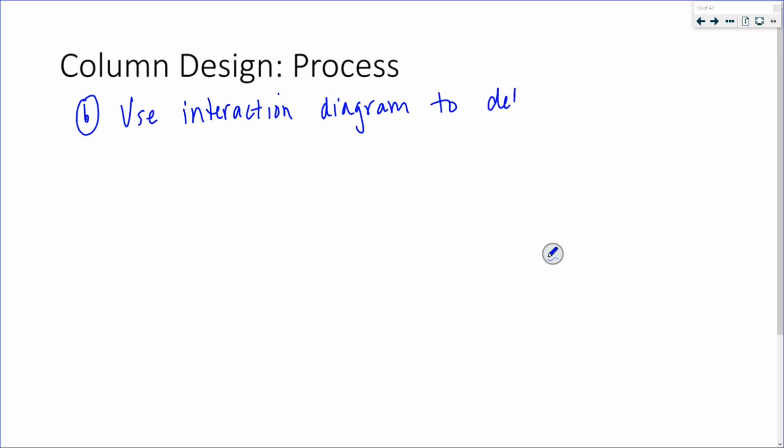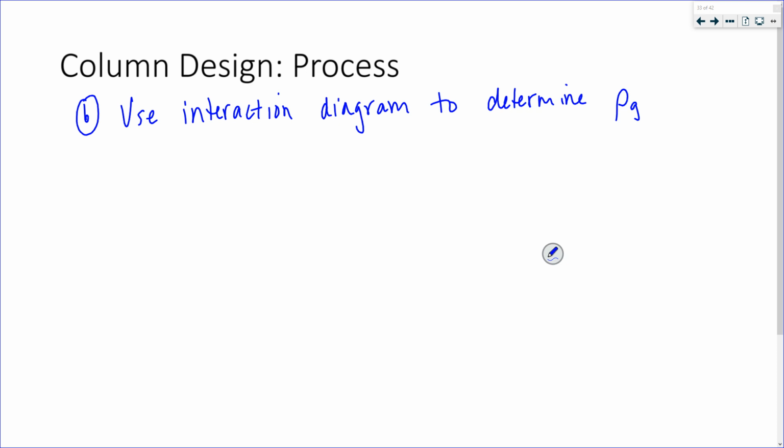Number 6, we're going to use the interaction diagram to determine that G. We have a guesstimate, right?